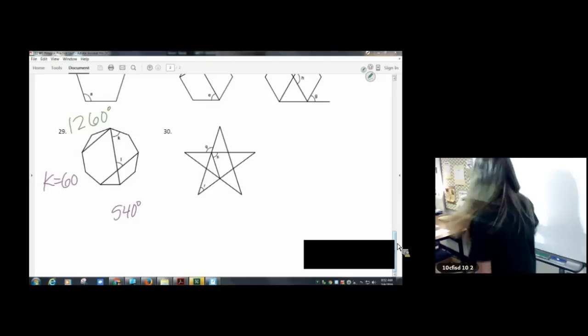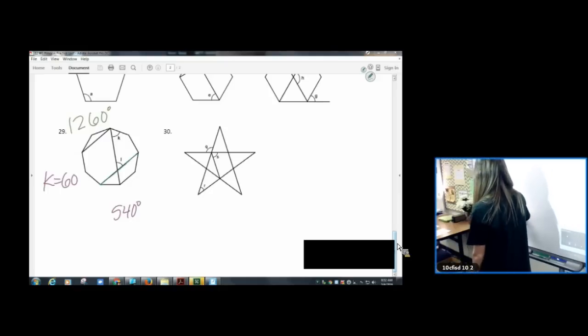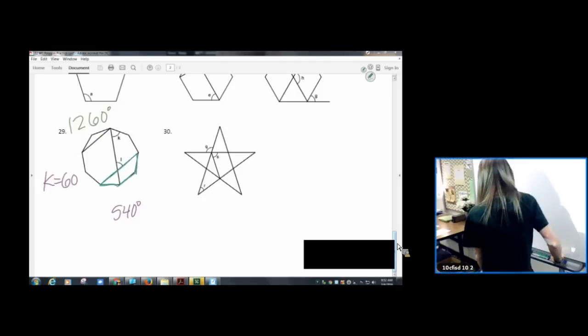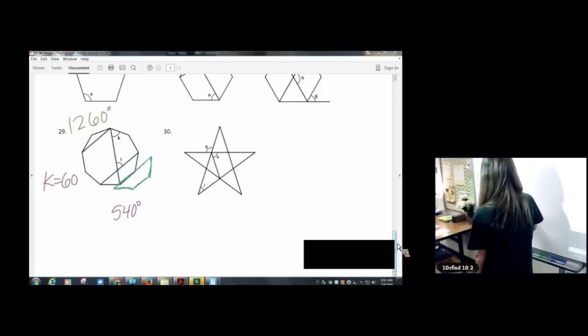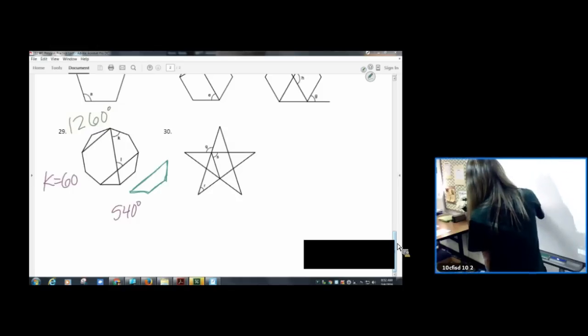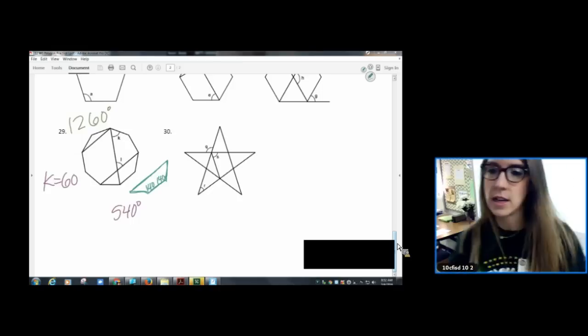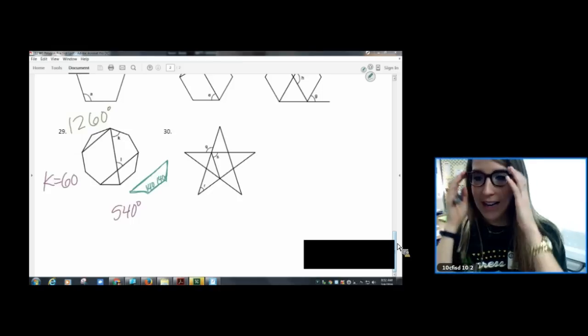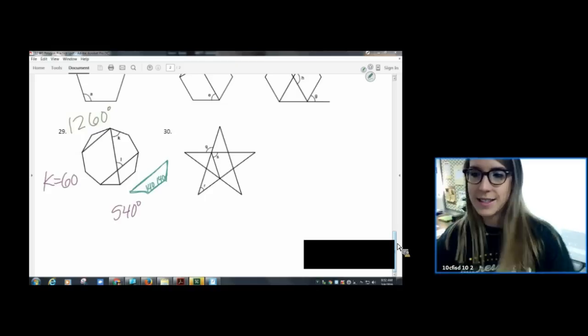Okay. The way that I looked at L is I grabbed another shape from my figure. I grabbed this shape right here to start with. I know in this shape that this is 140 because remember, every angle of this nonagon is 140. So I know those are 140, and I kind of did the same thing I did earlier. That's a trapezoid, right?